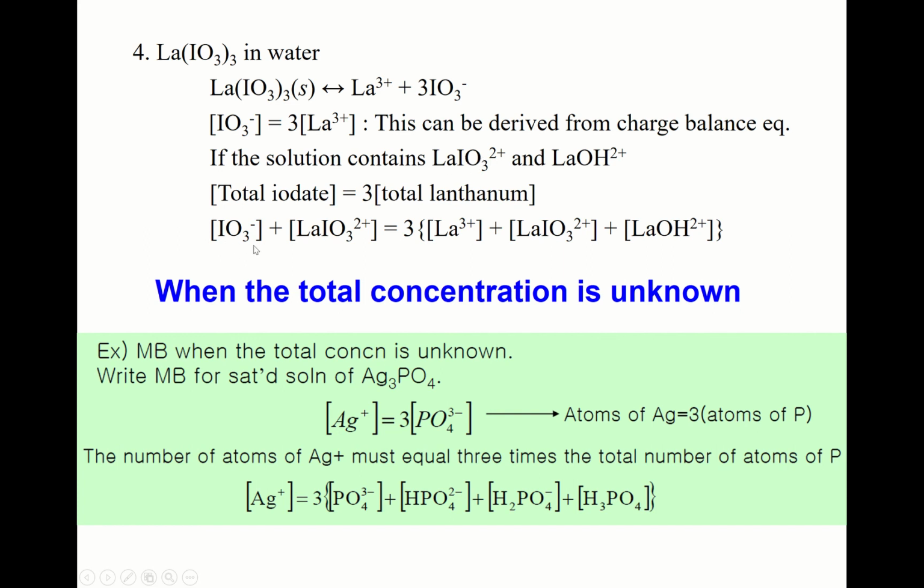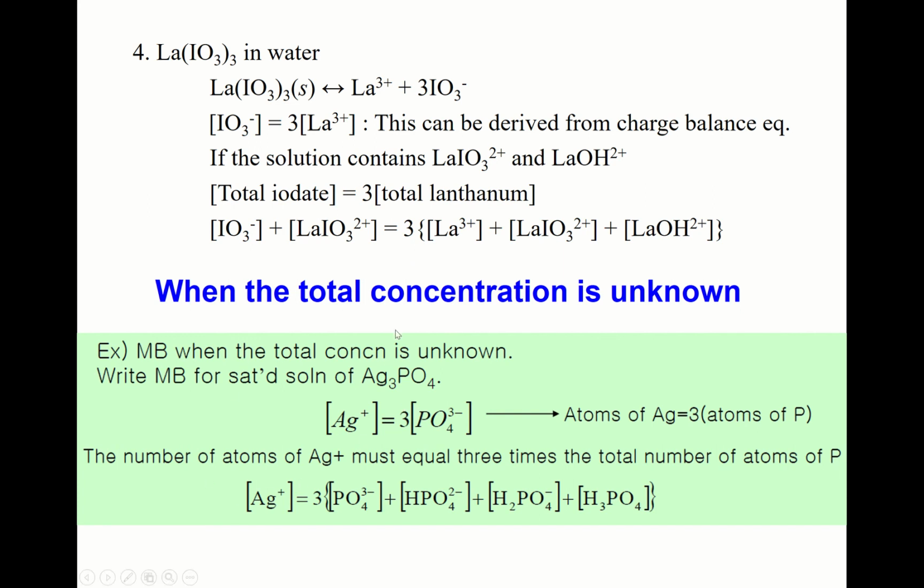So iodate concentration plus lanthanum iodate concentration equals 3 times the total lanthanum species. In lanthanum there are 1, 2, 3 lanthanum species: the free lanthanum species, and this one, and this one. This is the mass balance equation for this lanthanum iodate case. This is a little bit confusing.